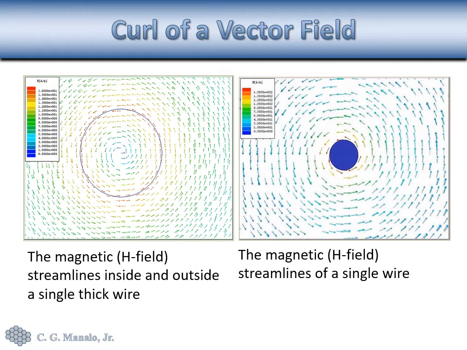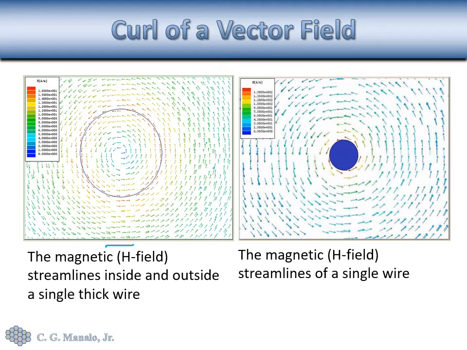Here is an actual picture of the magnetic field intensity inside a single thick wire. So shown on the left side, we can say that at any point in this drawing, we can get a curl.